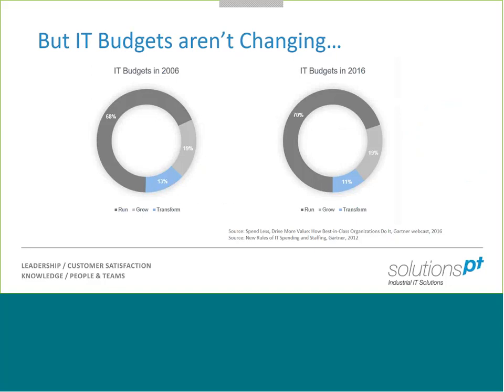But what we're also seeing is that the IT budgets in the workplace today aren't changing. On this graph, you can see a 10-year span, and the figures are very, very similar. Around 70% of the IT budget is spent to keep systems up and running, generally keeping the lights on, so general maintenance.